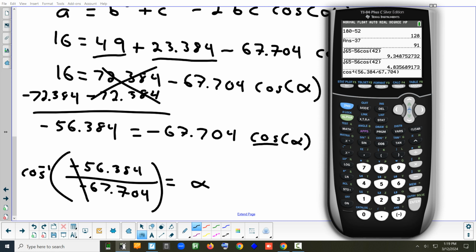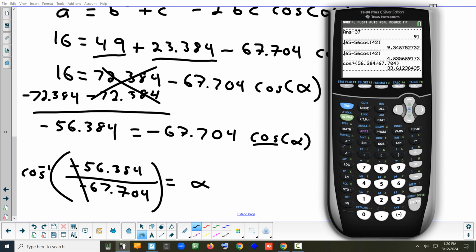I'm not even going to figure out what 56 divided by 67 is. Because if I do this out and then I round it, I've already rounded the top and rounded the bottom. I'm going to divide it and round it again and then type it into inverse cosine and round it again. But that's a lot of rounding. So try to limit the rounding as much as you can.